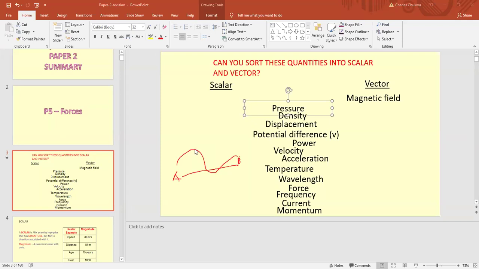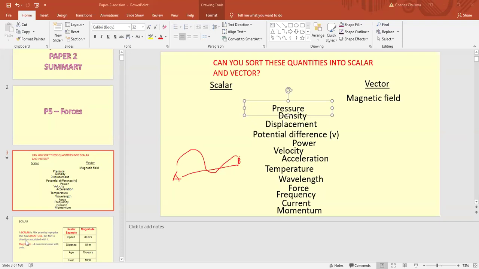Just take note of that. Then let's quickly take on the other ones. Potential difference is current times resistance, I times R. One might say that is not looking at direction at that point.